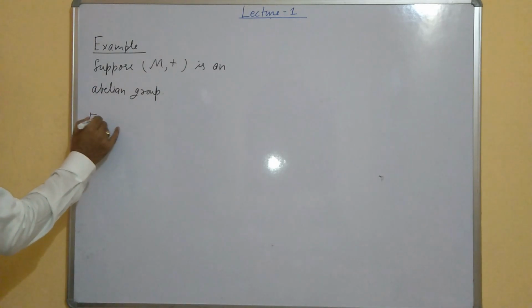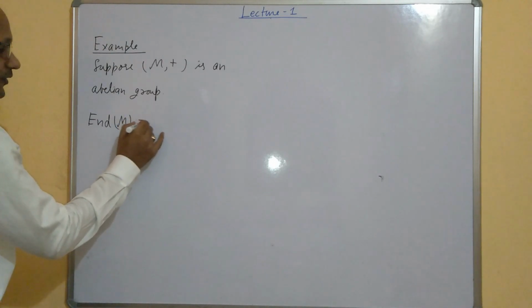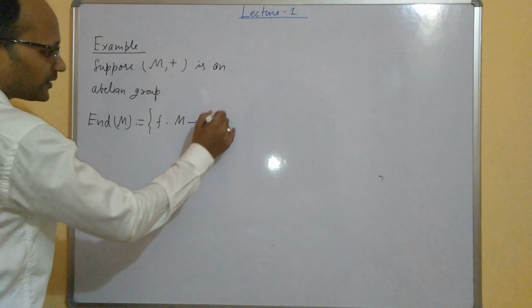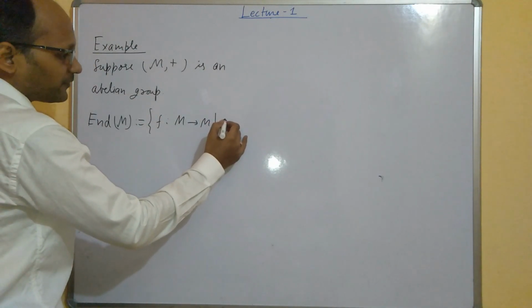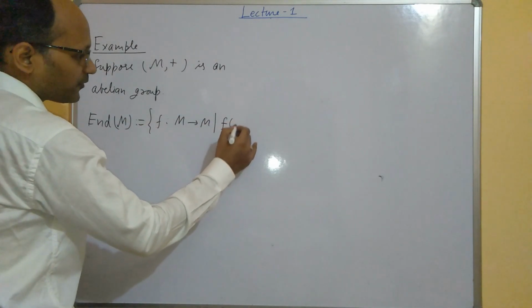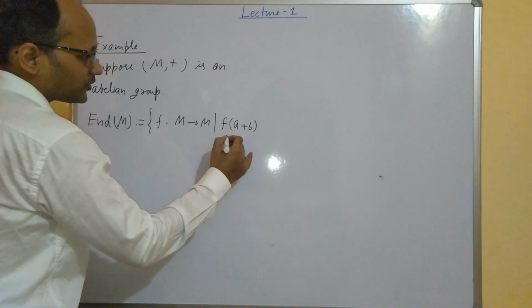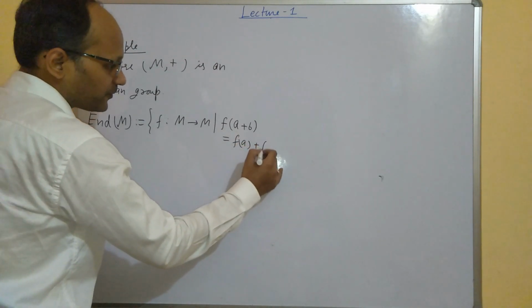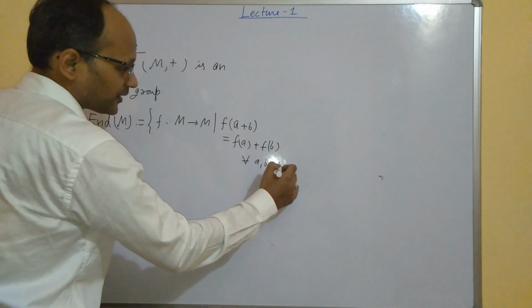Now consider the set End M, that is the set of endomorphisms f from M to M, such that f is a homomorphism from M to M, which means f(a + b) = f(a) + f(b) for all a, b in M.